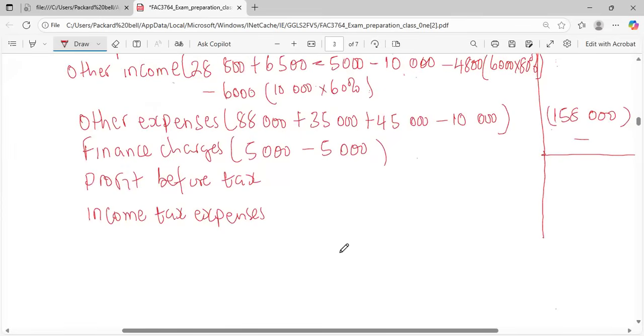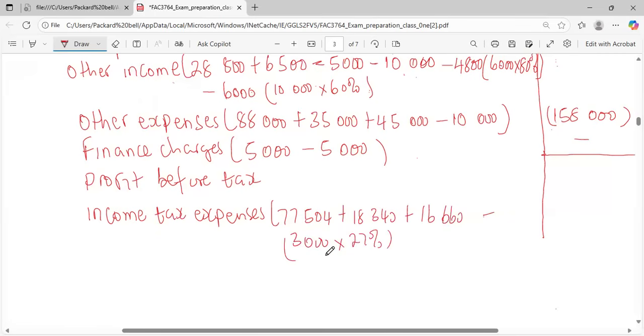So here we're going to have 77,504 plus 18,340 plus 16,660 minus, so this is now your 3,000 times 27%.